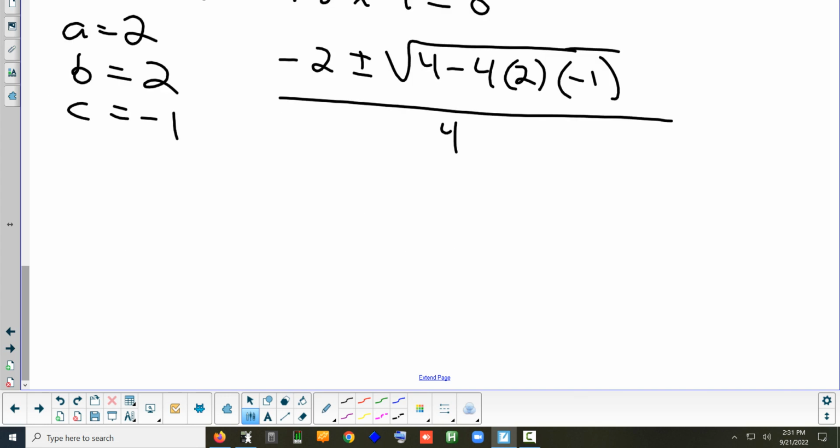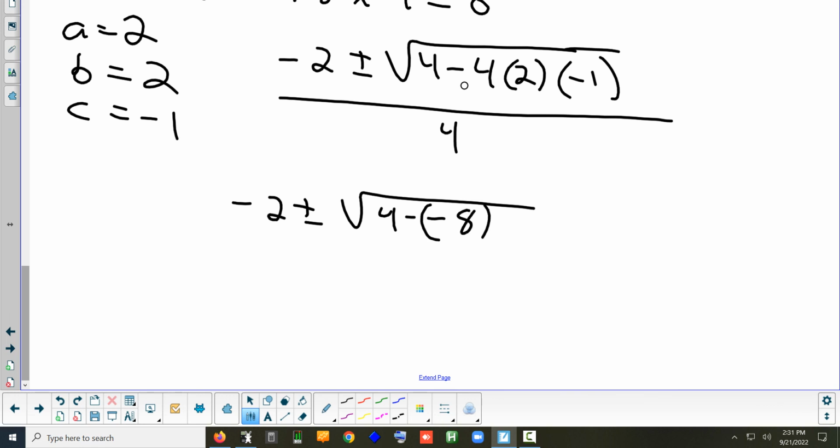Now simplify that square root as much as you can, and you're done. So negative 2 plus or minus. We have minus, what's 4 times 2 times negative 1? Negative 8.